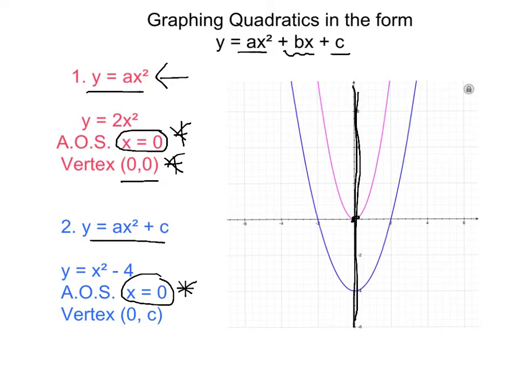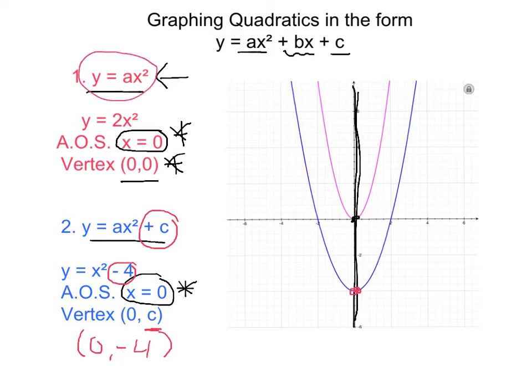But in this case, the vertex is the point 0, c. What I mean by that is whatever this value is will tell you where the vertex is. So in this case, x squared minus 4, the vertex will be at 0, negative 4, which if you look here, it is. Vertex at 0, negative 4.